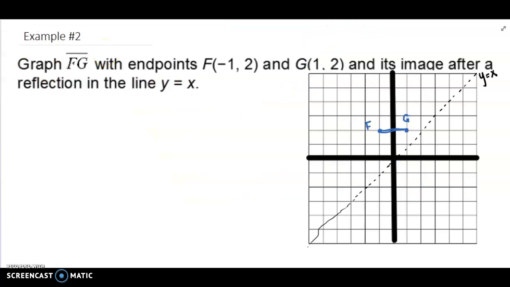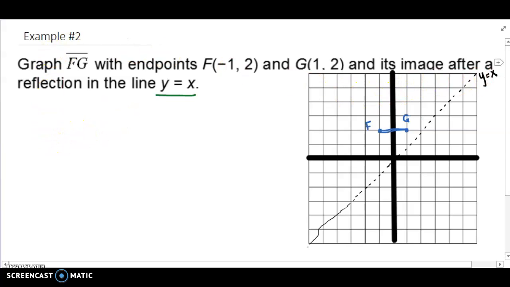All right, guys, let's look at example 2. So we're going to take FG, which as you've noticed I've already plotted, given these coordinates here, and its image after reflection over the line y equals x. Now I've made the dotted line there to show you where y equals x looks like. This is a little bit harder to visualize than reflecting over a straight horizontal or vertical line, so I'm going to use one of the rules.